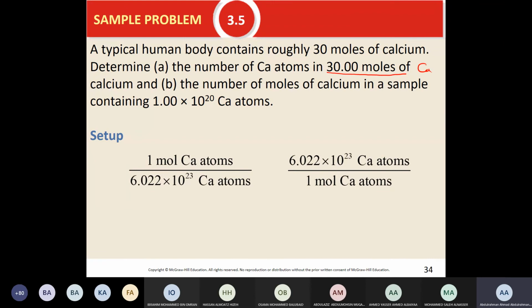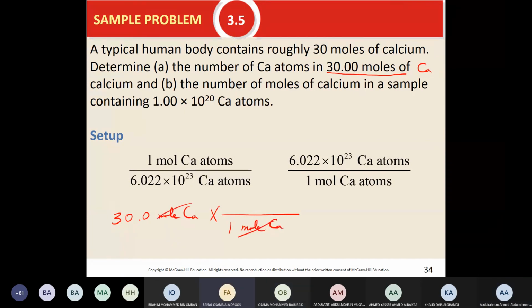How many calcium atoms do we have in our body? 30 times Avogadro's number. What should I put at the top or the bottom? At the bottom, 1 mole, exactly. At the top, Avogadro's number, 6.022 multiplied by 10 to the power 23 calcium atoms. And I have the answer.